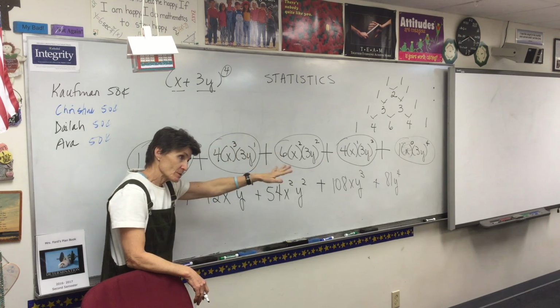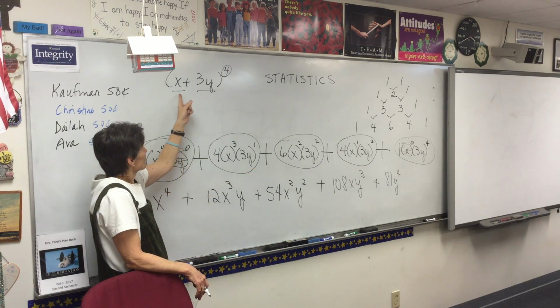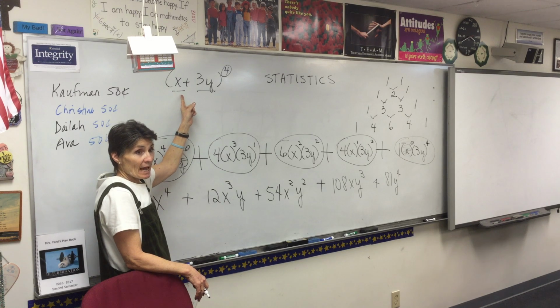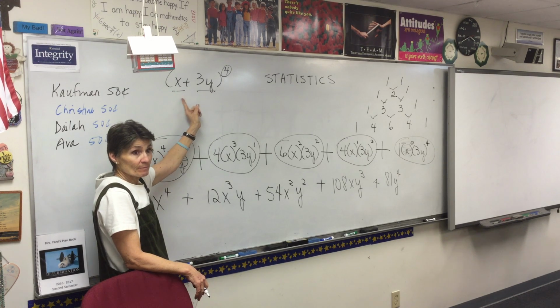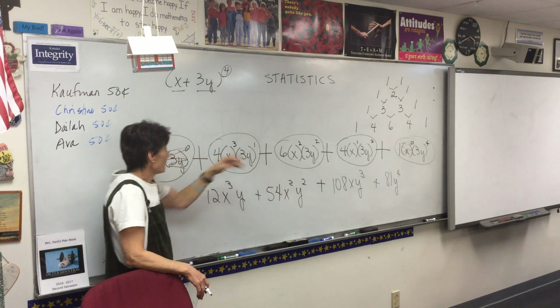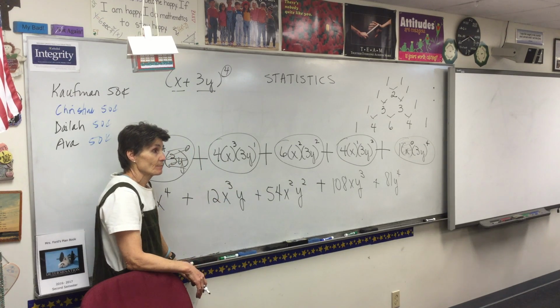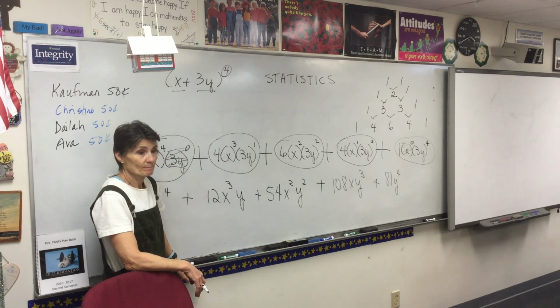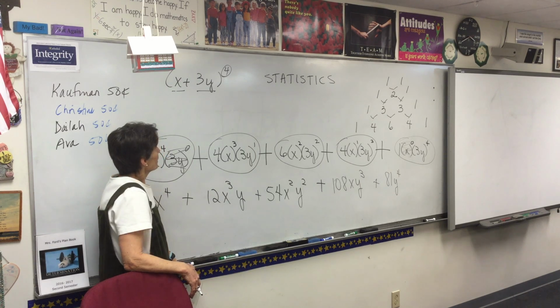So you write out the numbers. Then what? You attach these. Make sure each term is separated and put in your exponents. And then just multiply. Is that good? Yep. All right.